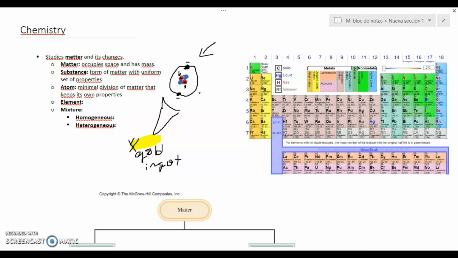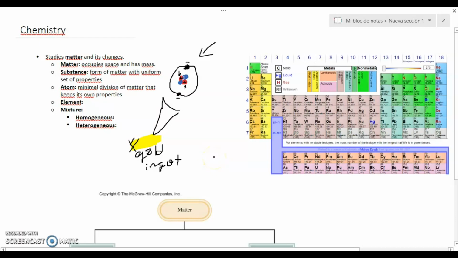What do I mean by keeps its own properties? That, for example, gold conducts electricity. So if I have an atom of gold, I know that that atom of gold is going to conduct electricity. If I keep dividing that atom, it may not conduct electricity anymore. It may turn into something else. So it lost its properties. If I have an atom of iron, for example, iron is metallic.